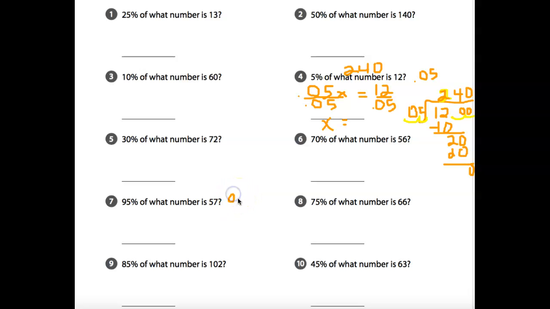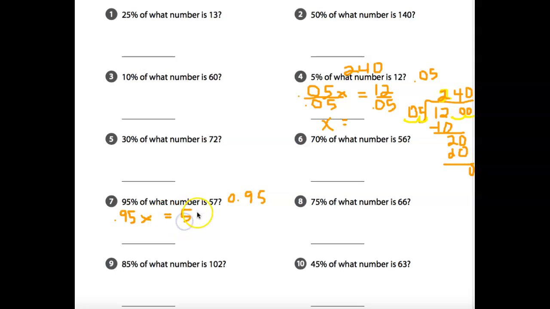So 0.95 is 95 hundredths. For a number, we're going to just use the variable x and we can put it right next to it. It means the same thing. 0.95 times x is 57.